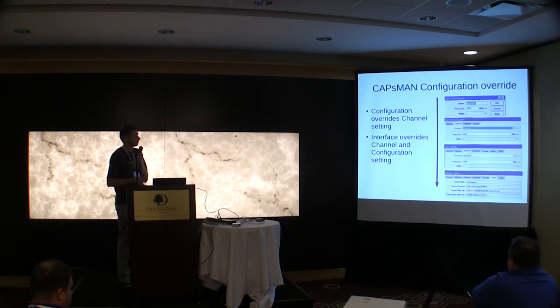There's also configuration override. Since there are a lot of tabs, there are multiple places where you can specify different information. Sometimes you think, why did I specify the information in one tab, and it doesn't apply? It means priority. One setting overrides another setting. For example, you create a new CAP channel, for example channel 1, 2412. Then you create a new configuration.